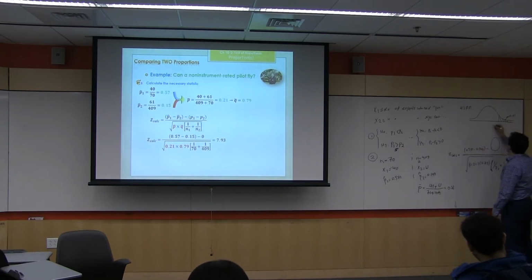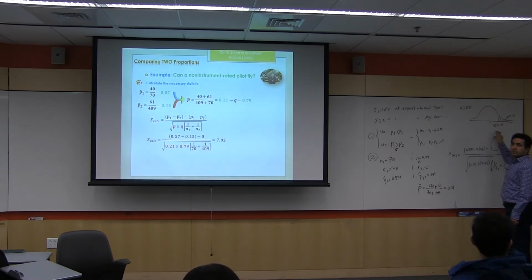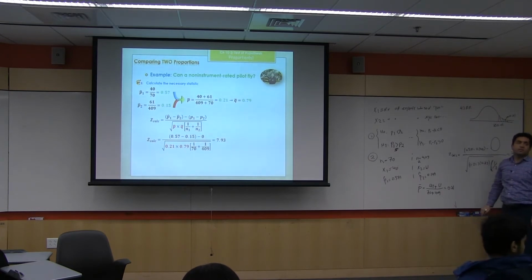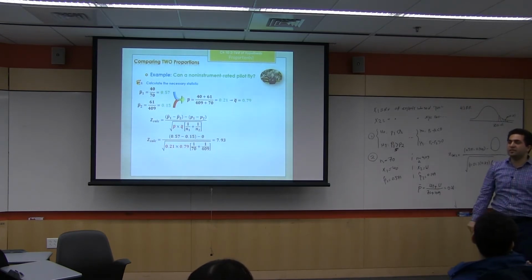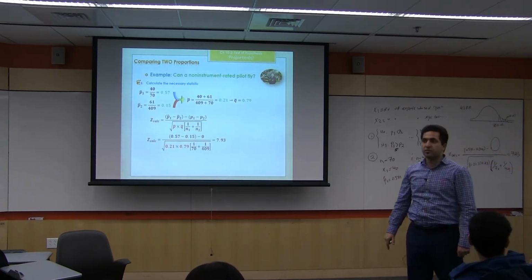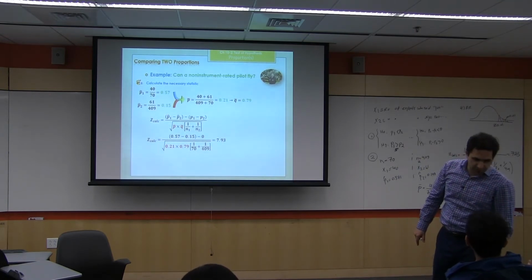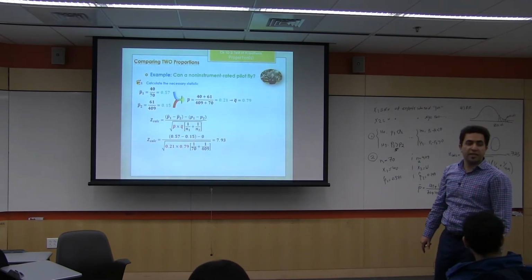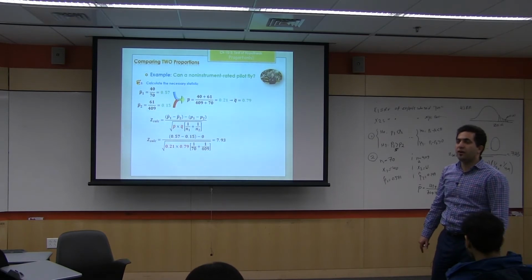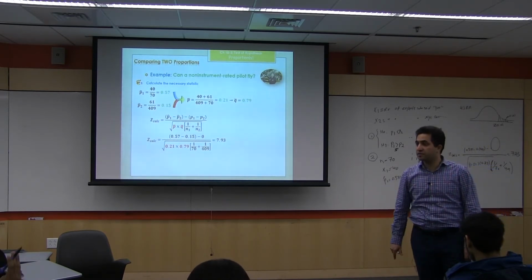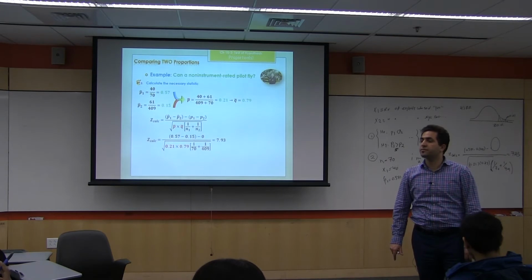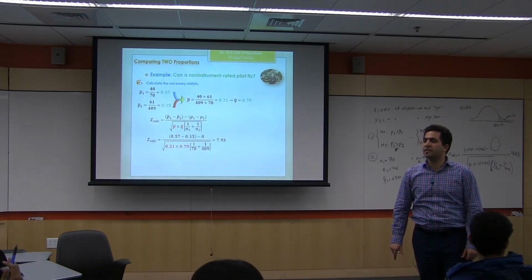Alpha is 0.01. Tell me what's the z of 0.01? Z table. Whenever you see the probability of 0.01, you have to find a probability of 0.01 and read the z value for that. 2 point?